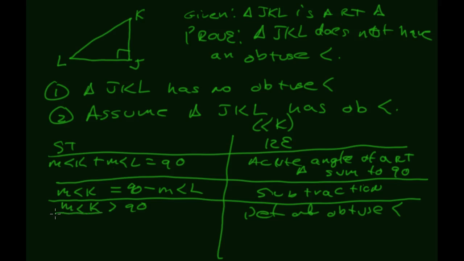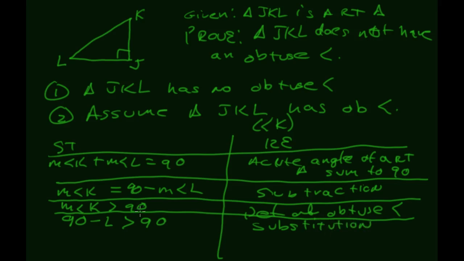And that's our assumption, that K is an obtuse angle. So this means that 90 minus L has to be greater than 90. That's just substitution.